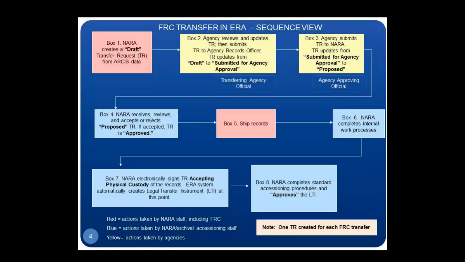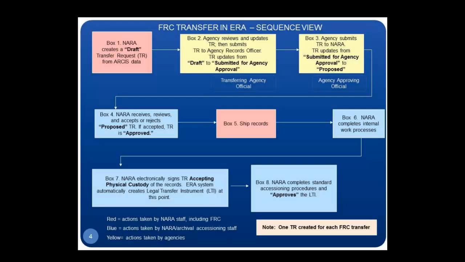And if it is rejected, then it goes back to draft with an explanation in the rejection comment field. If the transfer request that's been proposed to NARA is accepted, it moves from being proposed to being approved. At that point, the Federal Records Centers and the archival units work together to move the records. We're in box 5. That's a NARA action and FRC action combined with archival units.